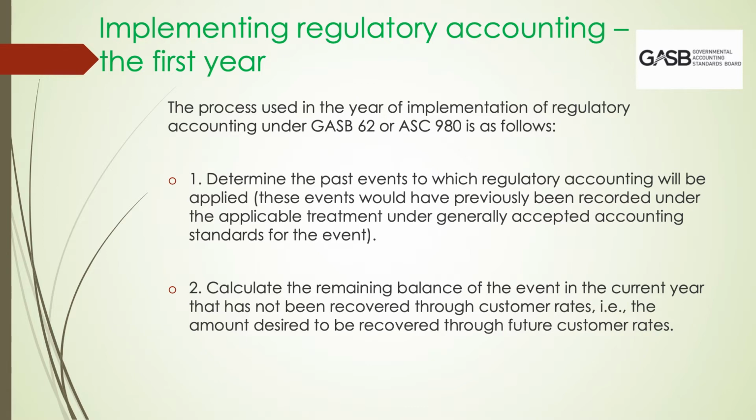So the process used in the year of implementation of regulatory accounting under GASB 62 or ASC 980 works like this. First, you determine the past events to which regulatory accounting will be applied. So you might have some events that have been previously recorded under the applicable accounting treatment under generally accepted accounting standards for that particular event.